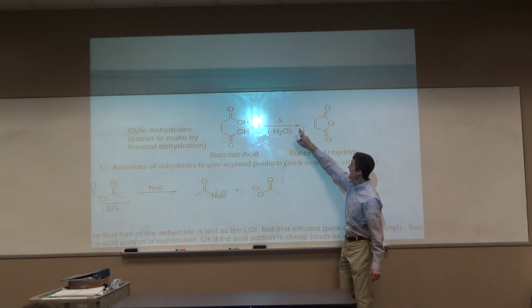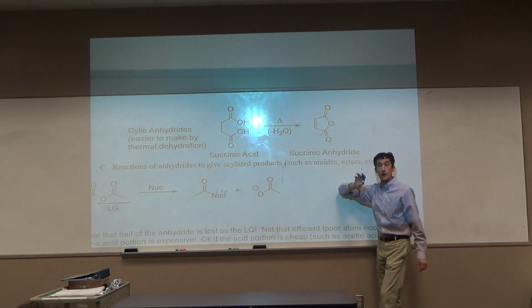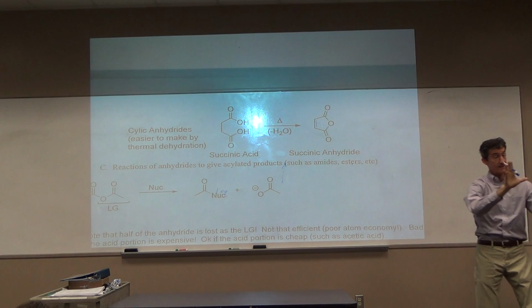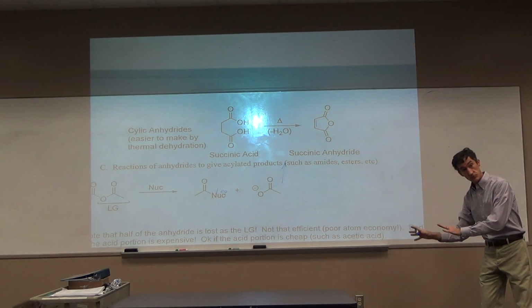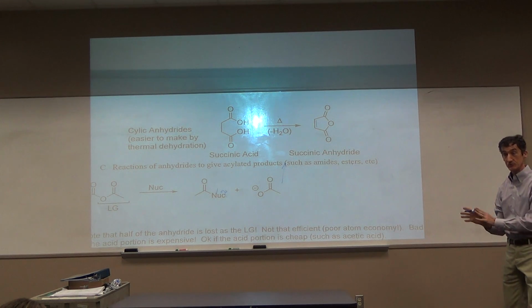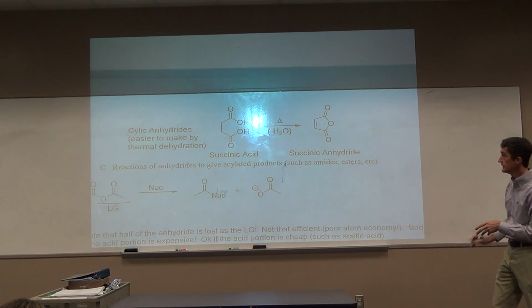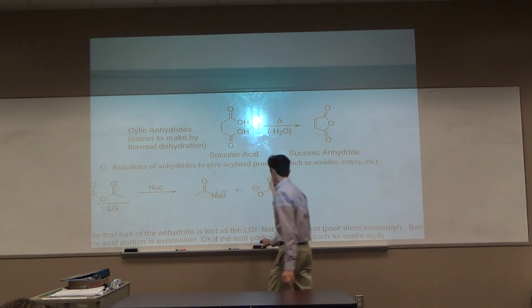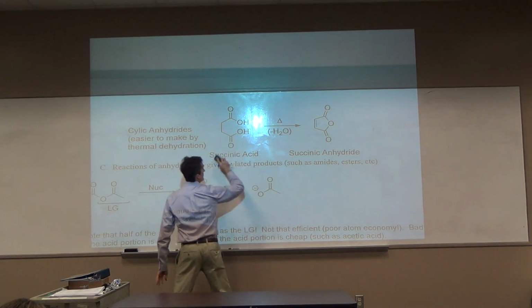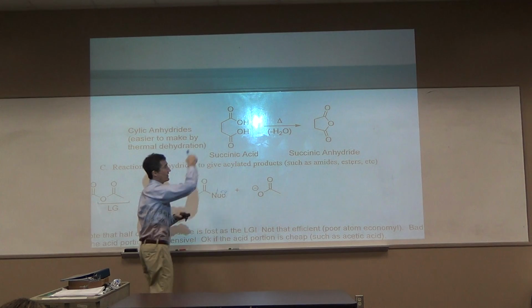And then that will react with the diene. 4 plus 2 is what? 6. You look back at that lab. When I introduced that lab, I said, this is an anhydride. We'll see it in organic 2. Well, now it's organic 2. And we talked a little bit about the chemistry there. So look back at that Diels-Alder lab. Because if you put a double bond here, that's called maleic acid.